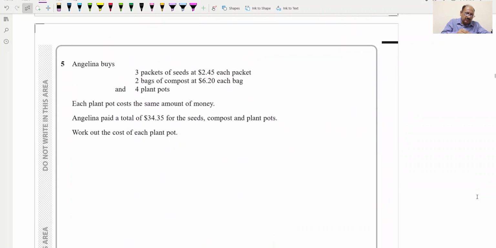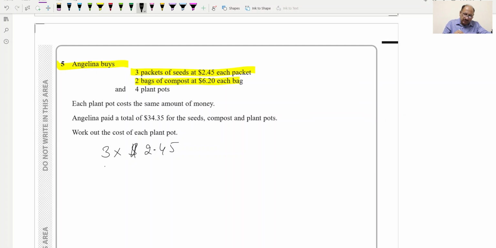Next comes question number 5, and question number 5 says Angelina buys 3 packets of seed at 2.45 dollars. So 3 packets at the rate of 2.45 dollars, and then 2 bags of compost at 6.20 each.